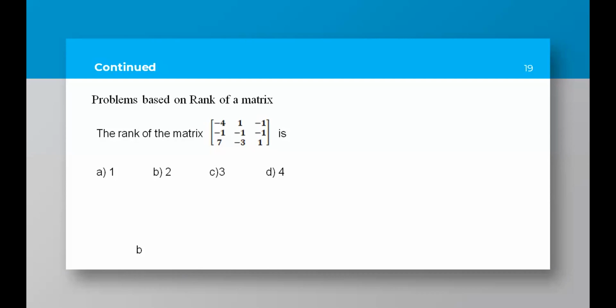If you want, I'll solve it on the board. Otherwise, I'll move on to the next question. In case all of you got the answer, the right answer for this one is B. That is, the rank of the given matrix will be 2.